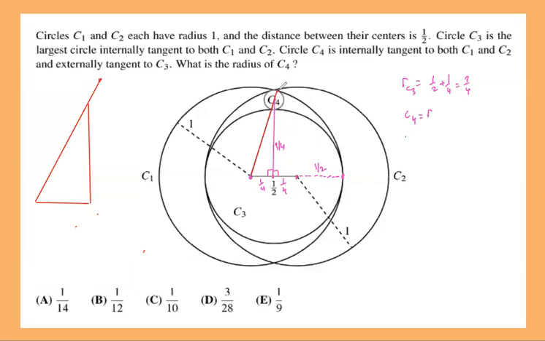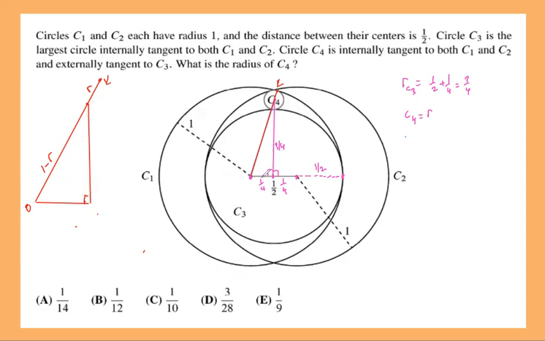Let's say this intersection is K. The distance from the center of C4 to K, I'm going to call R. And since this is O, the center of C1, the distance from O to K is 1 unit, so this piece will be 1 minus R. Now we need to find the other leg.